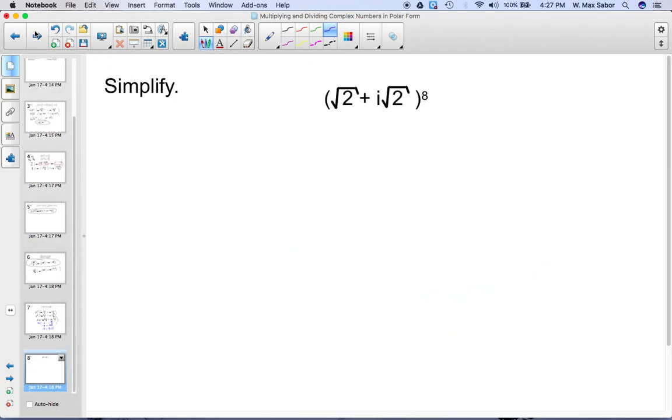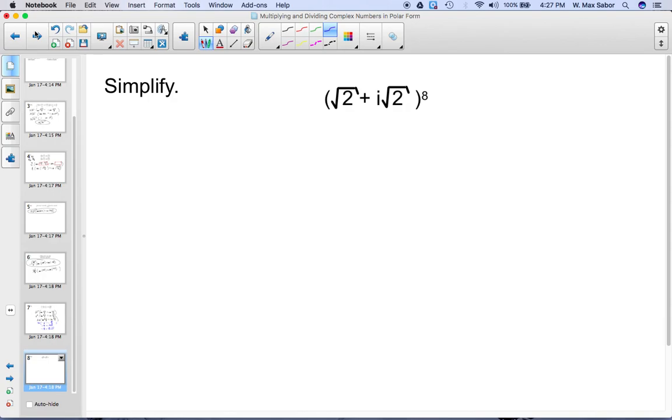Now this one, what's tricky about this one is that it's not written in terms of magnitude and angle, it's in rectangular coordinates, not polar coordinates. It will be easier if we turn this into polar coordinates than if we do this binomial times itself 8 times.